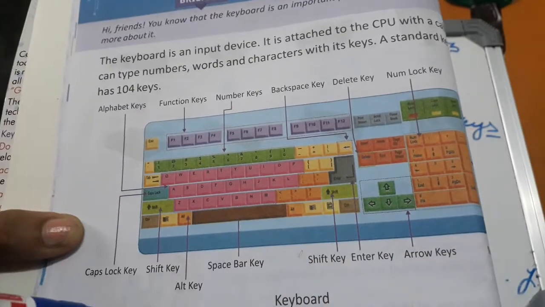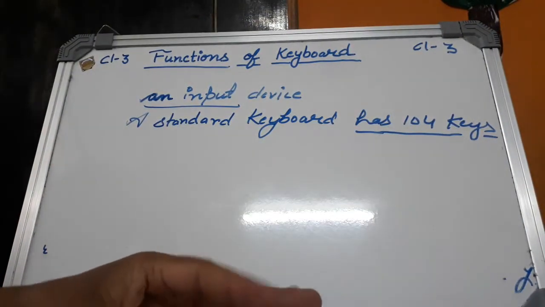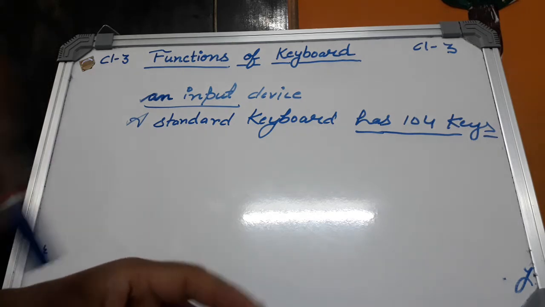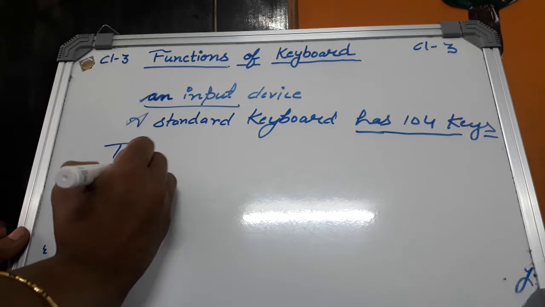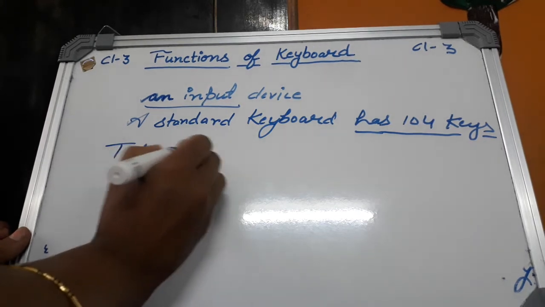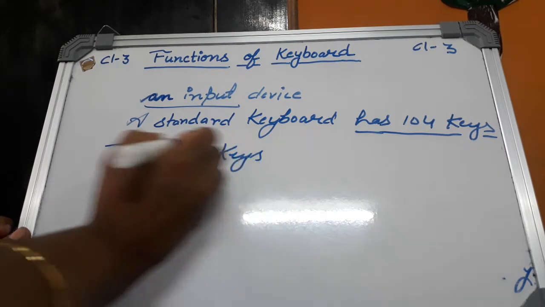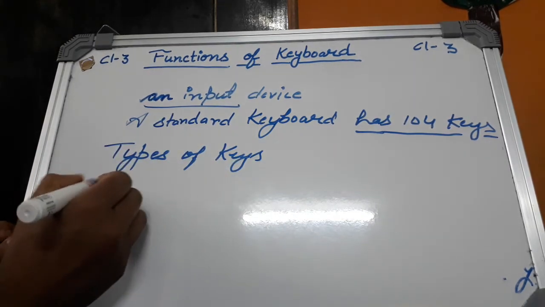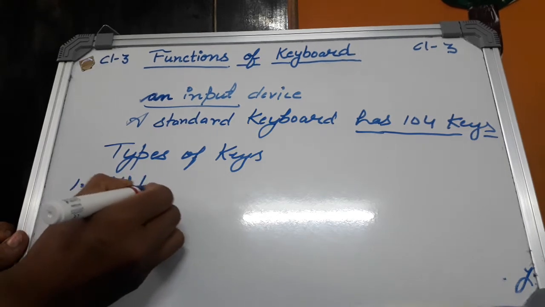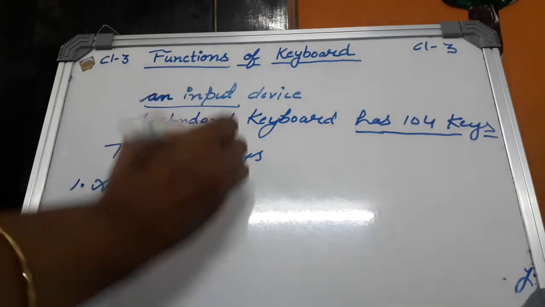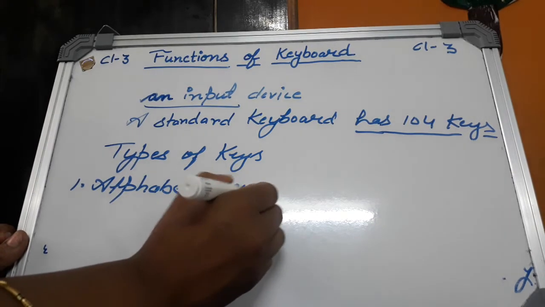Now, types of keys. The keyboard contains various types of keys. Alphabet keys: you know that the keys A to Z are called alphabet keys.